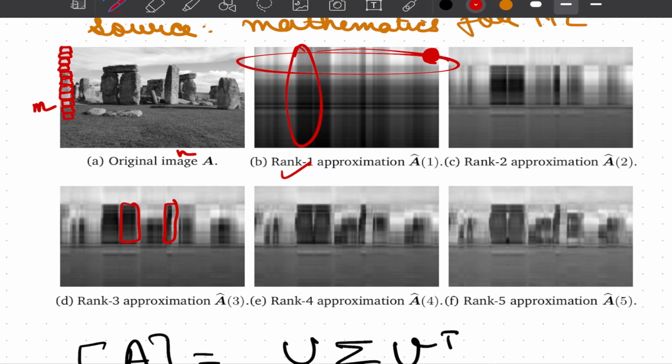As we go towards higher rank approximation, that is rank 4 and rank 5, it becomes apparent that some parts look like rock, here we may have a patch of grass, and on top we may have a sky, but still not that clear. Still, compared to the original image, the rank 5 approximation is taking us closer.